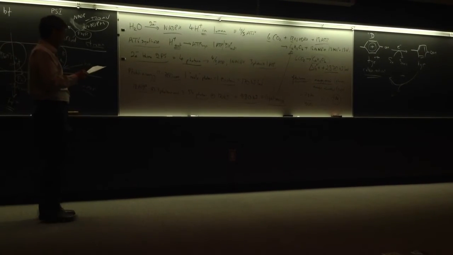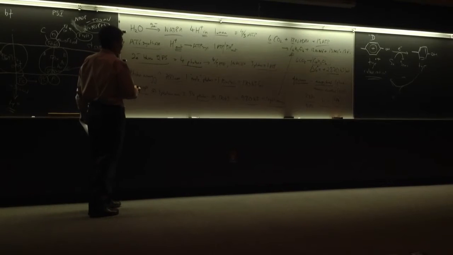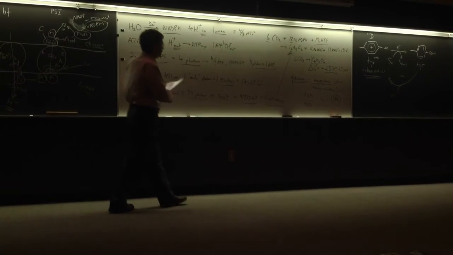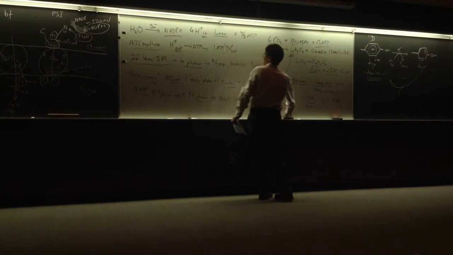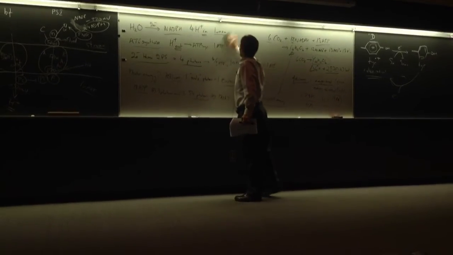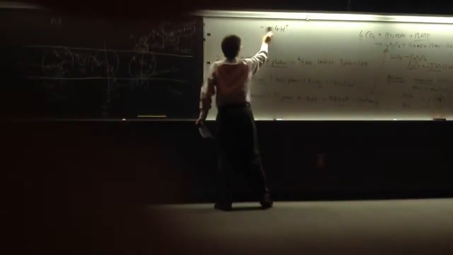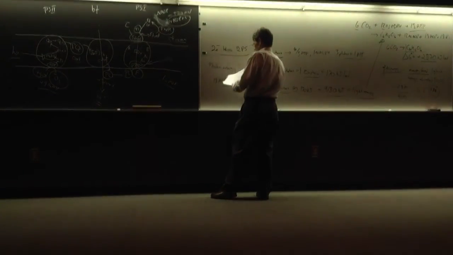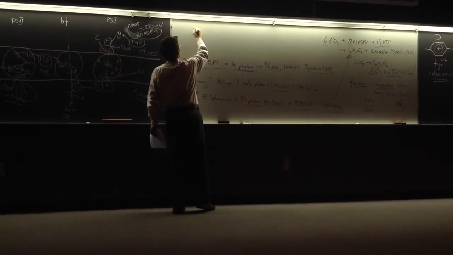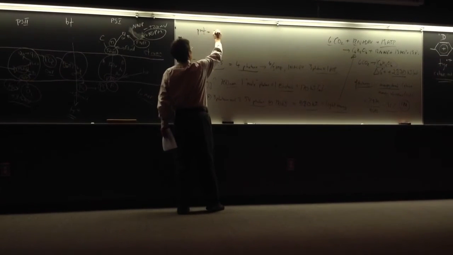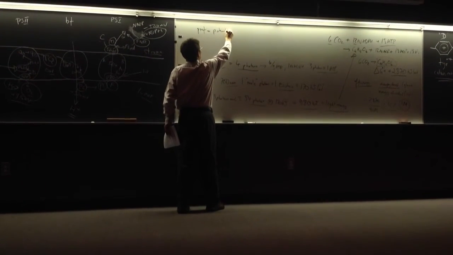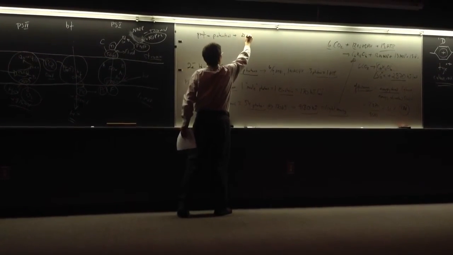The last thing to mention is the proton motive force, because we're going to come back to this later. The proton motive force, remember, is the potential difference plus the change in pH.